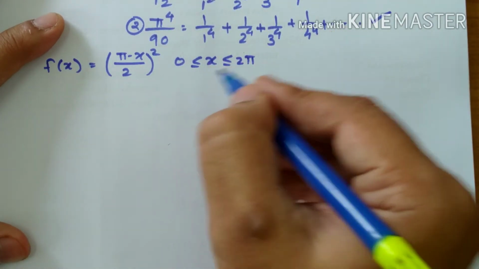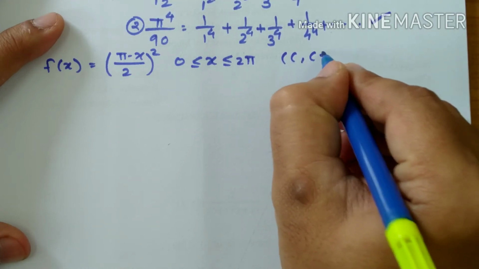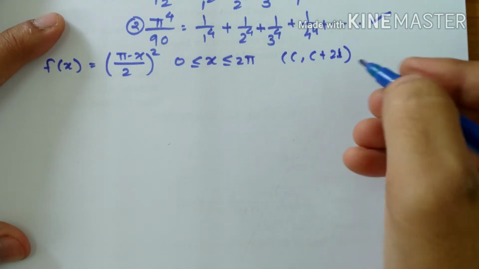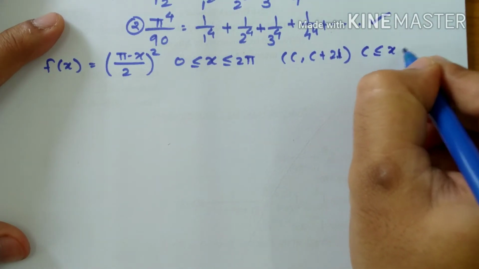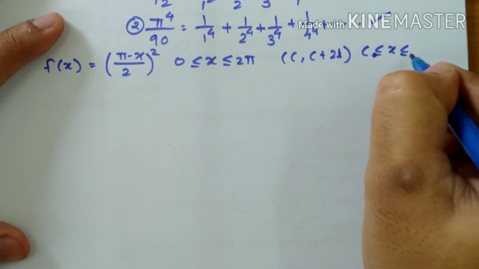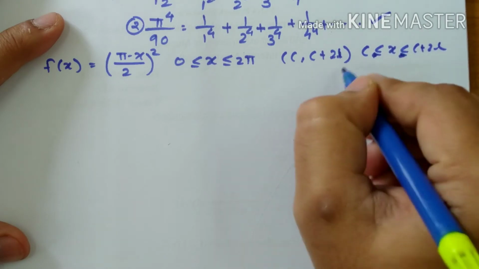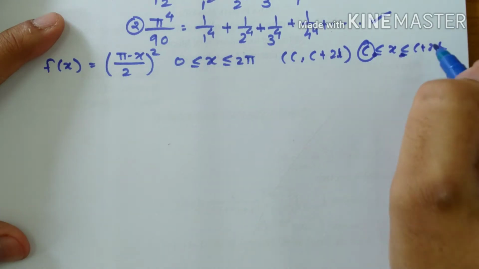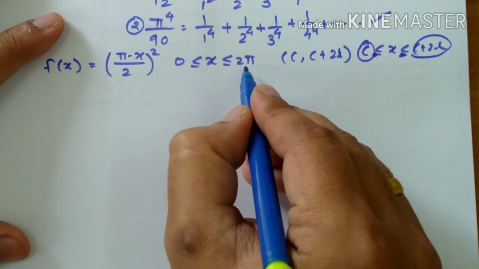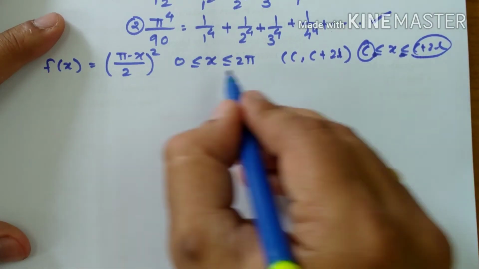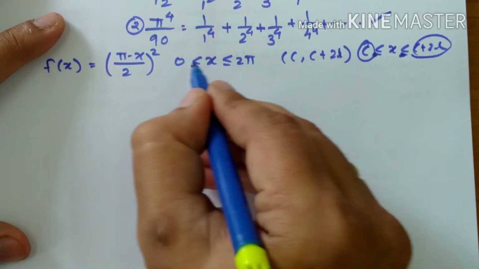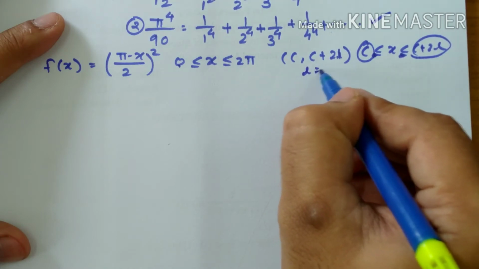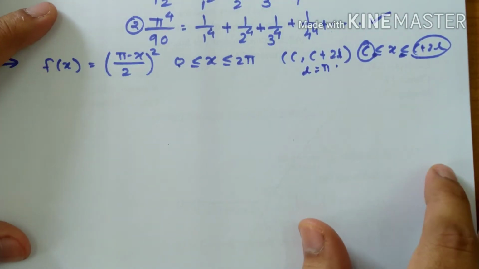So if we compare this interval with our given general interval, that is c less than x less than c plus 2L, this is your lower limit of the interval, or say left end of the interval, and this is the right end of the interval, that is 2 pi. So if I compare these two, the value of c is 0 and c plus 2L is 2 pi. Therefore, the value of L is equal to pi.